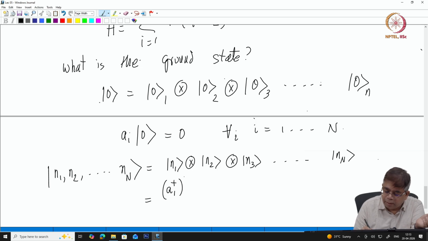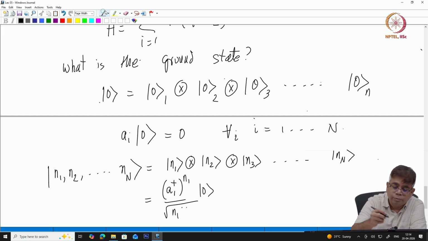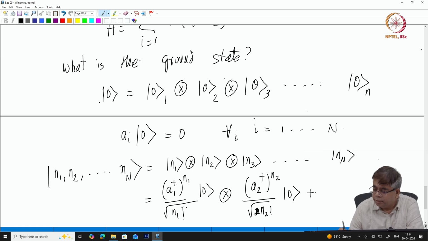So this is a1 dagger acting n1 times, divided by root n1 factorial, times a2 dagger acting n2 times, divided by root n2 factorial, acting on the vacuum state, and so on.